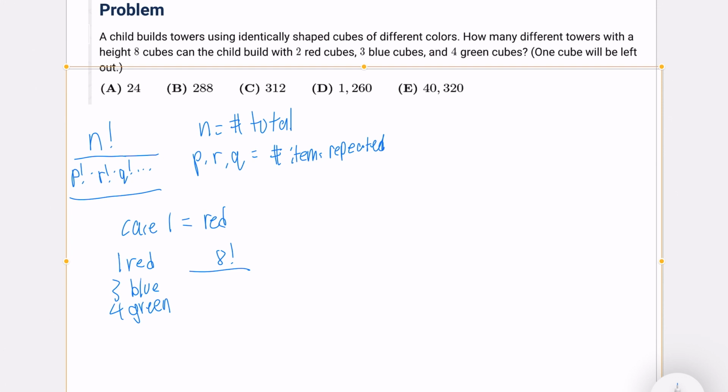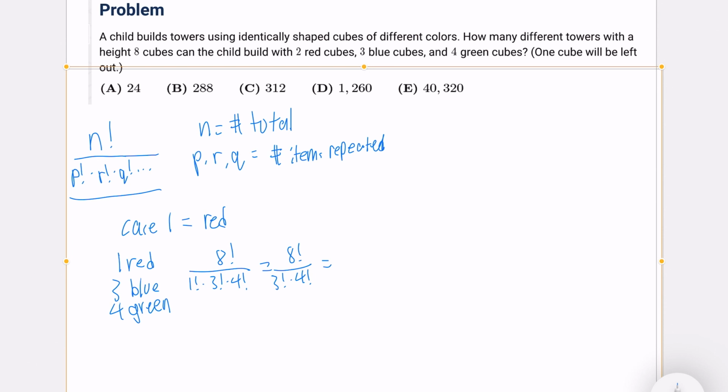So N would be 8. And then the P, Q, and R would be 1 factorial times 3 factorial times 4 factorial. But because 1 factorial equals 1, we can just disregard that. So this would just equal 8 factorial over 3 factorial times 4 factorial.